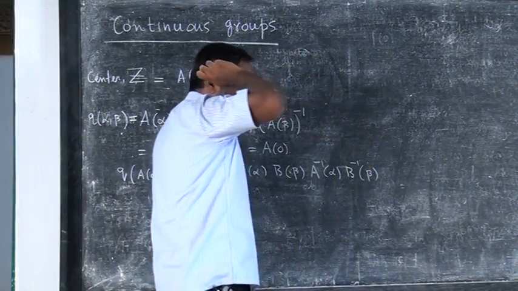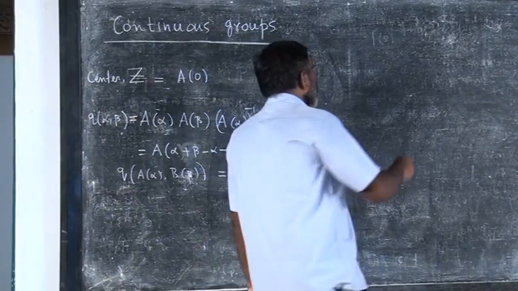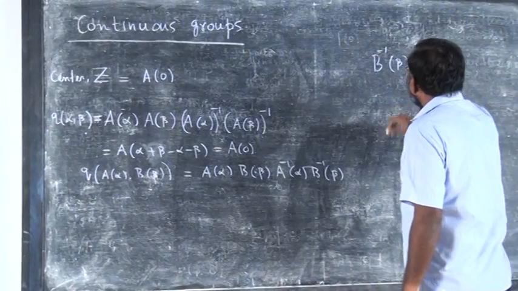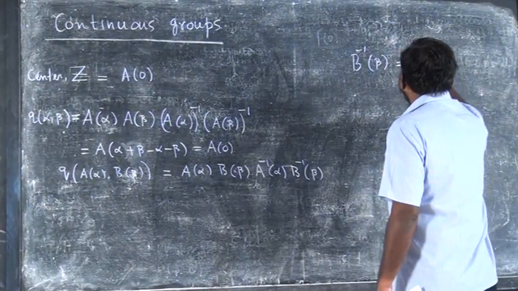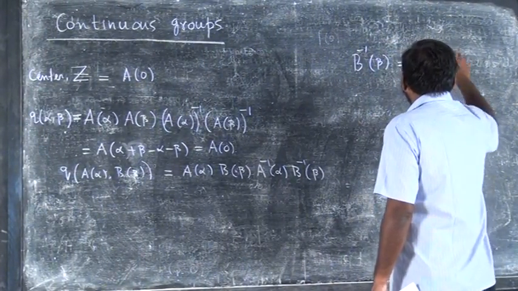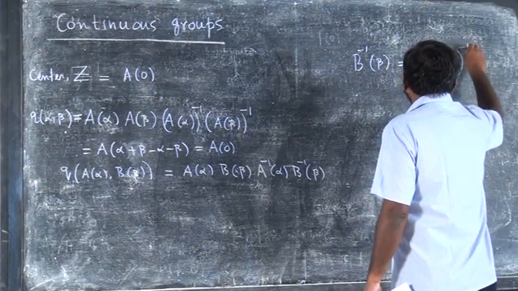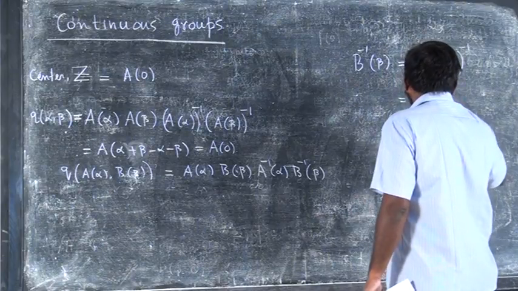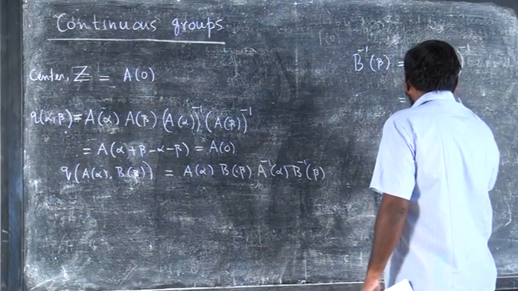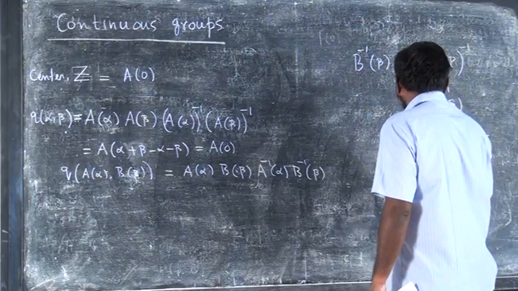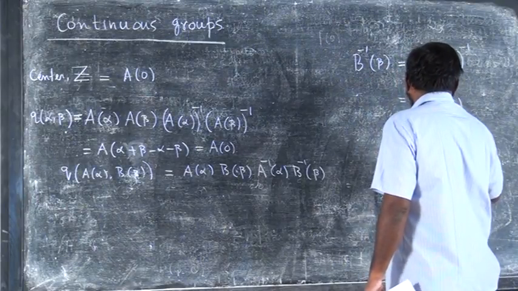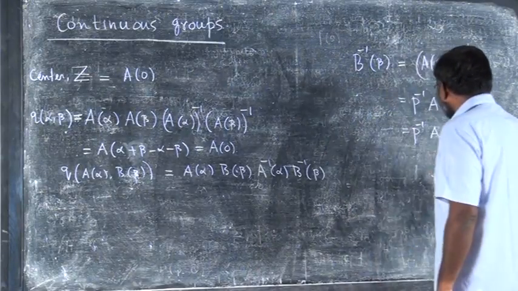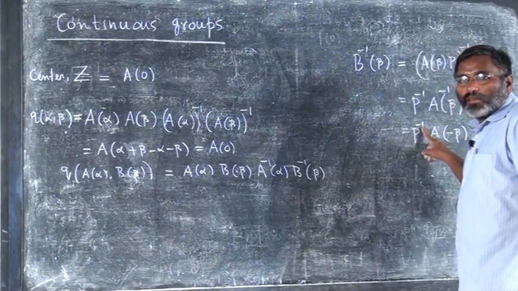By the way, what is B inverse of beta? B inverse of beta is equal to A of beta P inverse, which is equal to P inverse A of beta inverse. That is equal to P inverse A of minus beta. But what is P inverse?